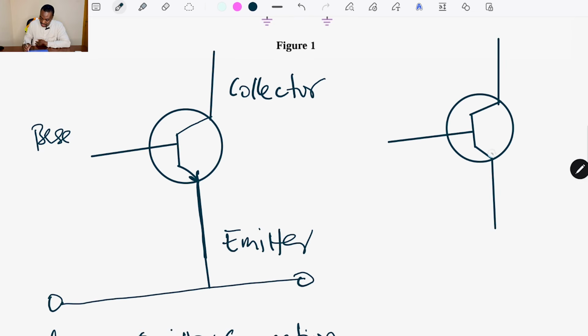Again, this is going to be an NPN bipolar junction transistor. So again, we have our emitter. So let me make it the other way. I'm going to make it rather common collector.